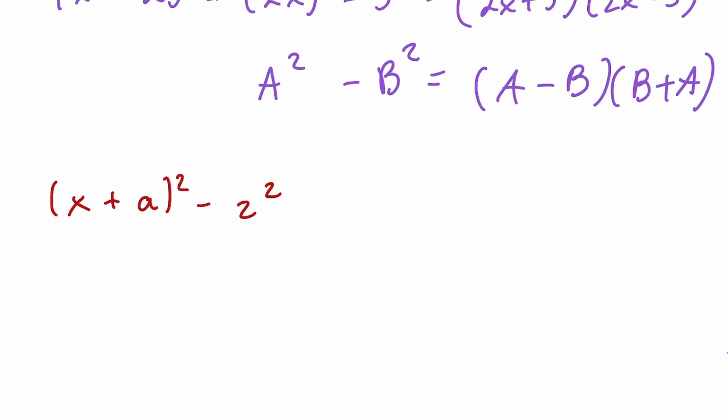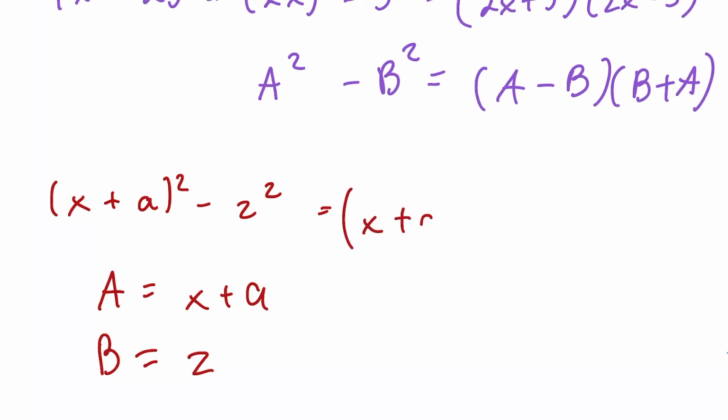So in this case, we would approach it similarly. So we would recognize that our a here is just x plus a, and our b here is z. So it would just be, again, a minus b times b plus a, so x plus a plus z times x plus a minus z.